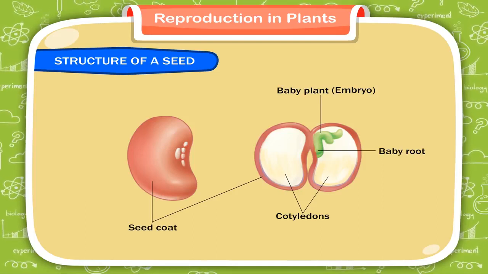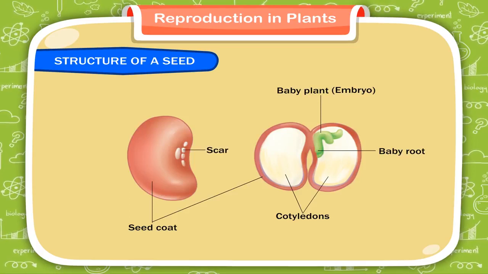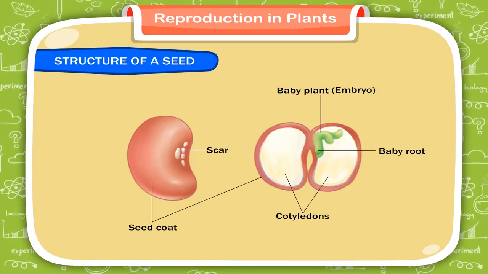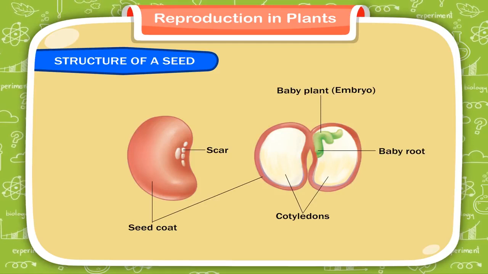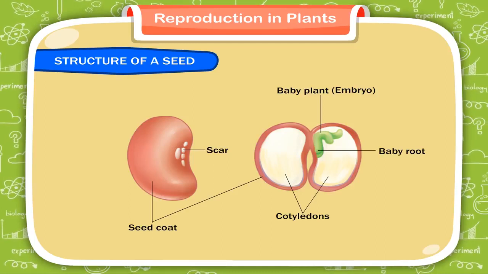This protects the seed from any damage and also from drying out. Seed coat can be thin and soft or thick and hard. It has a scar. This is the place where it was attached with the fruit. The scar has a tiny hole on it which allows water to enter the seed.